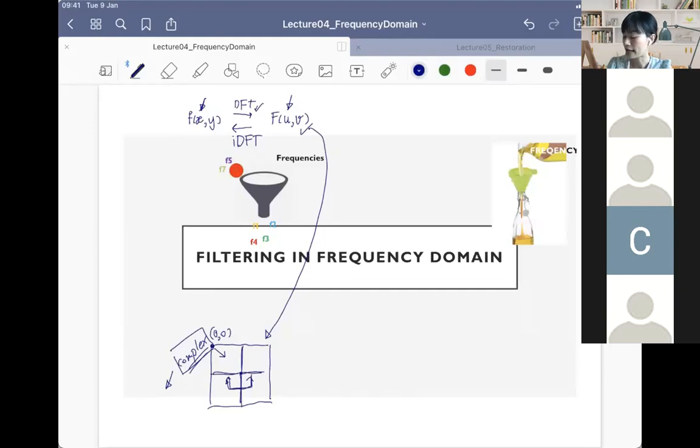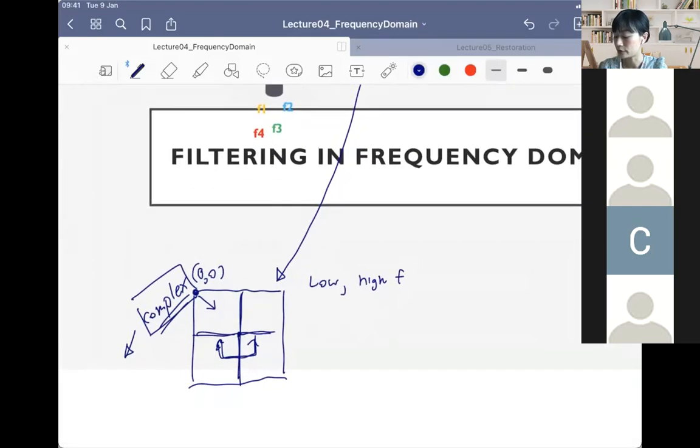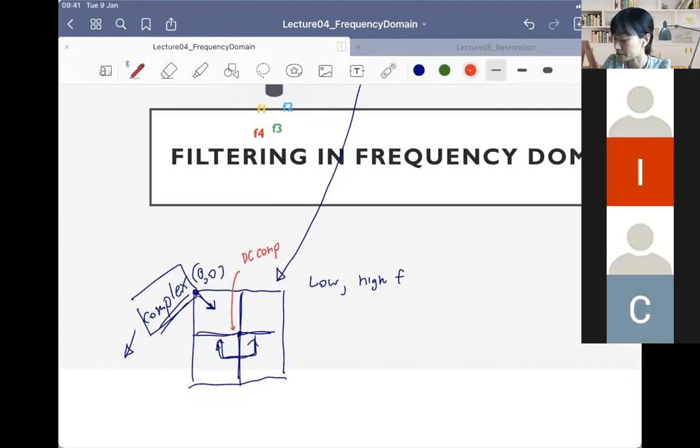I have talked about the low frequency and the high frequency. Now you all probably know that when I have shifted the origin of the frequency image to the image center, here we call it the DC component. Around here it ranges from low frequency to high frequency.